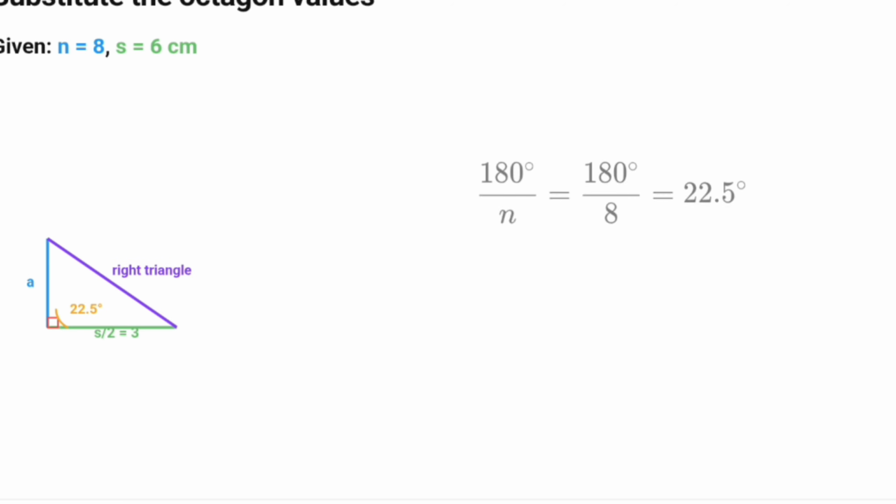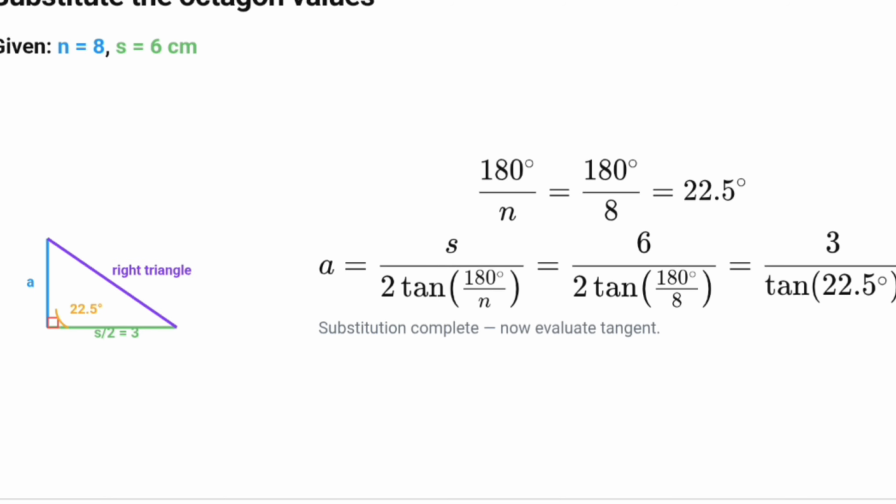For the regular octagon, n is 8 and the side length is 6 centimeters. So the angle in the tangent is 180 degrees divided by 8. The apothem equals 3 divided by tangent of 22.5 degrees.